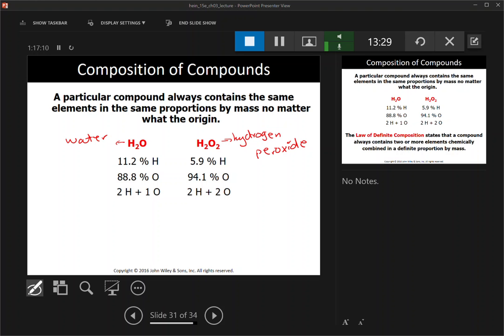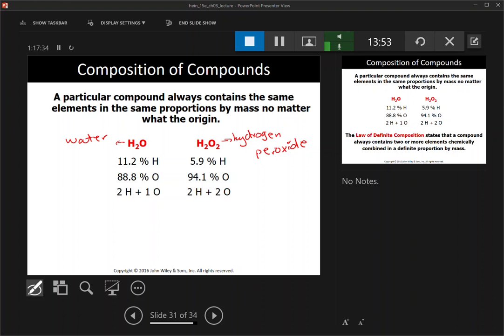The only difference between these 2 is the proportion, the percentage of the oxygen and hydrogen that are combined. So in the H2O water molecule, you have 11.2% hydrogen, 88.8% oxygen.